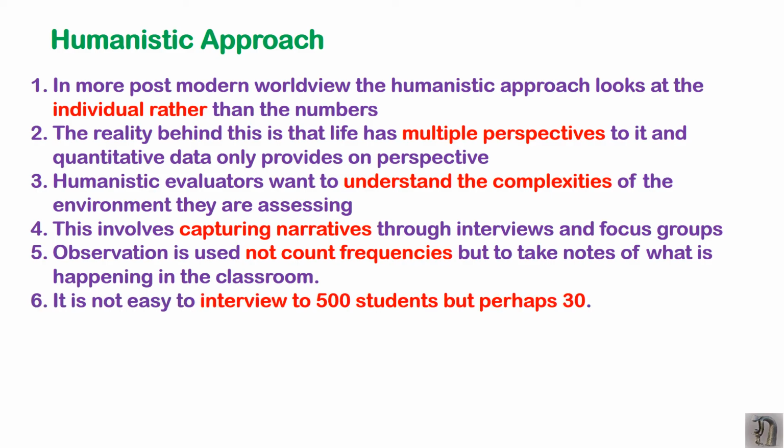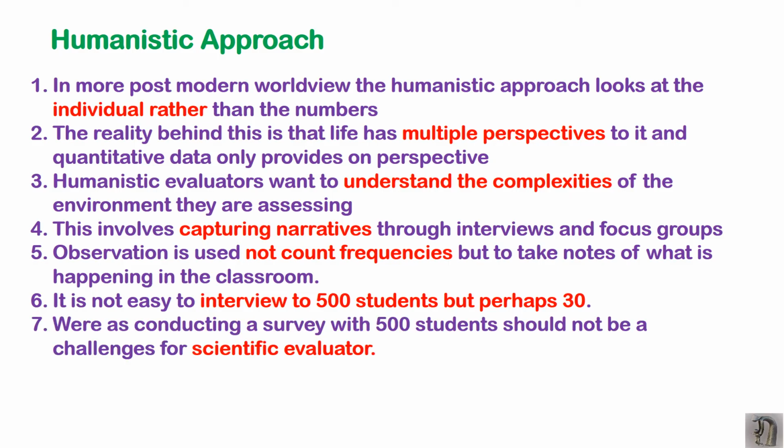For example, it is not easy to interview 500 students, but perhaps 30 is quite good in the humanistic approach, right? Whereas conducting a survey with 500 students should not be a challenge for scientific evaluators, because the scientific approach can do an evaluation of 500 or even 1000 students, right? Whereas the humanistic approach is just limited.